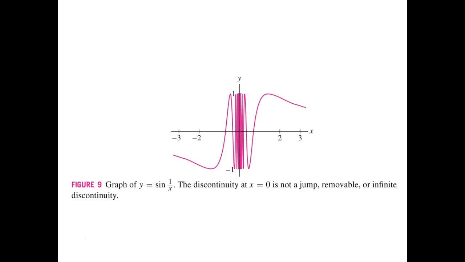But it's just showing you that some functions have more severe types of discontinuity, not a math word. Neither left nor right, neither jump nor removable, not infinite. It's none of the above, but it is a discontinuity.